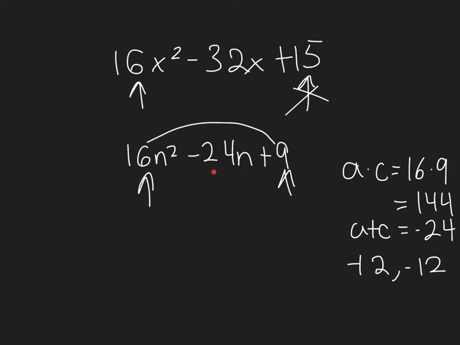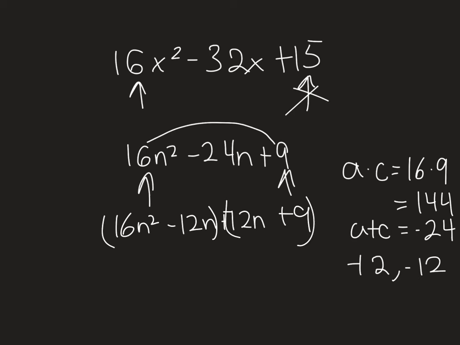So we're going to replace the negative 24 with these two numbers here and see what happens. So we're going to do 16n squared minus 12n minus 12n plus 9. Then we will group them, do a plus negative there, and pull out GCFs.